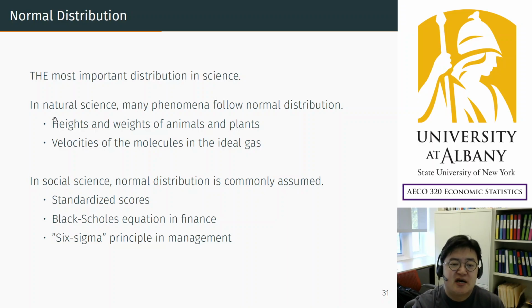In natural science, surprisingly, many phenomena follow the normal distribution, like heights and weights of animals and plants, and velocities of the molecules in the ideal gas.